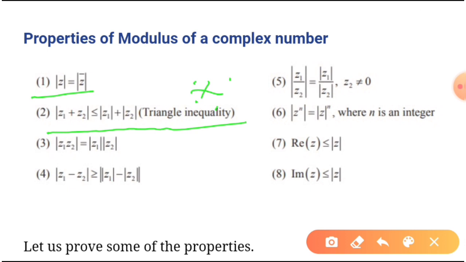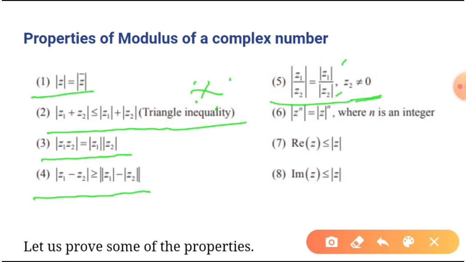Third one, modulus of z1 z2 is equal to modulus of z1 into modulus of z2. Fourth one, modulus of z1 minus z2 is greater than or equal to modulus of z1 minus modulus of z2. Fifth one, modulus of z1 by z2 is equal to modulus of z1 by modulus of z2, where z2 is not equal to 0.